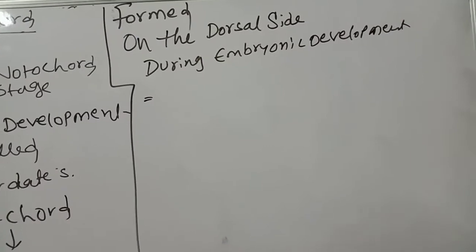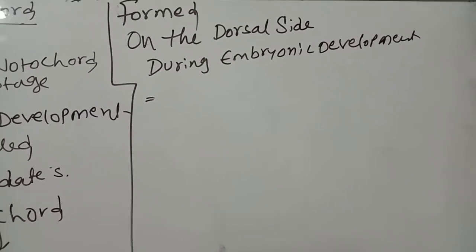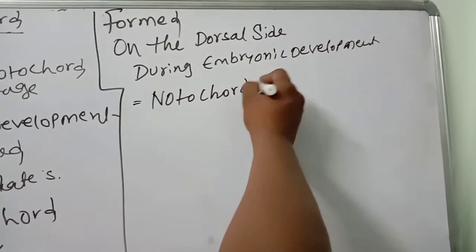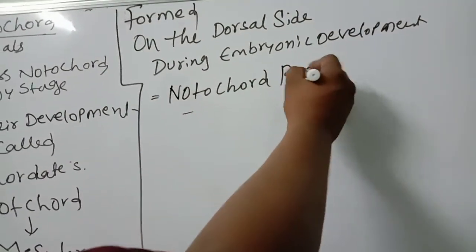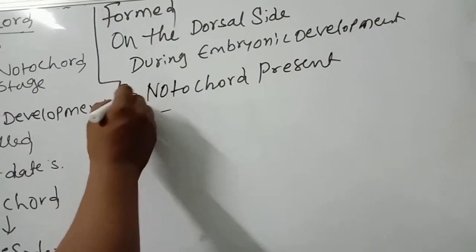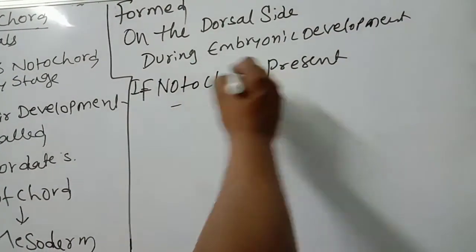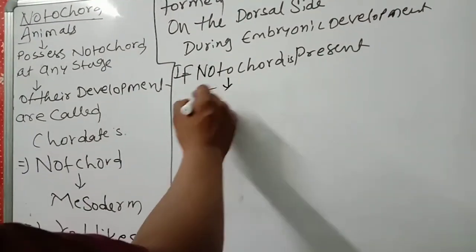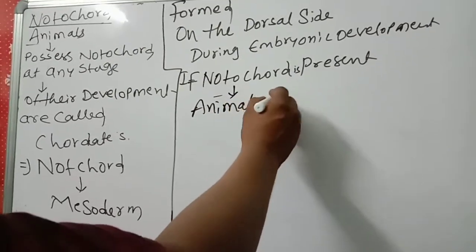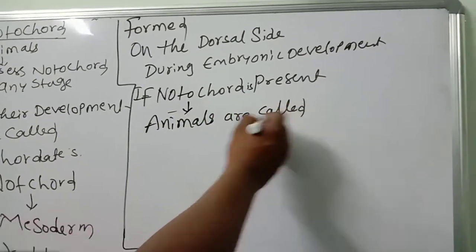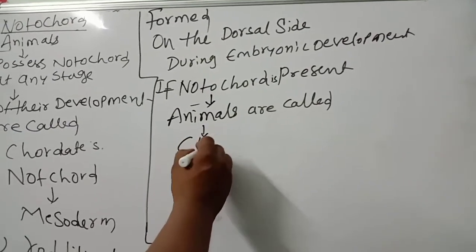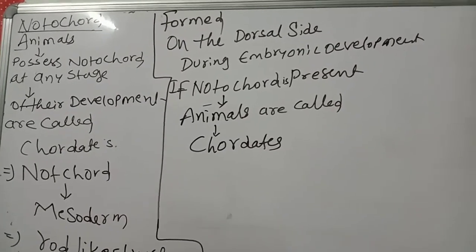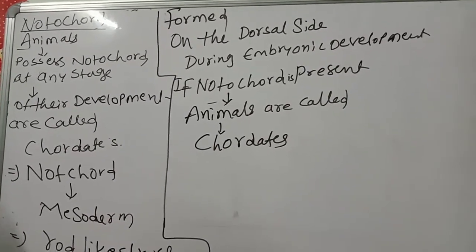So based on the presence or absence of notochord, if notochord is present, those animals are called chordates.